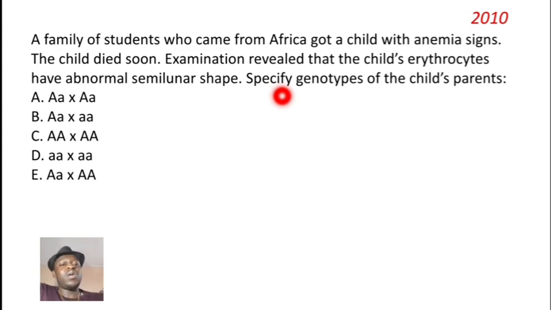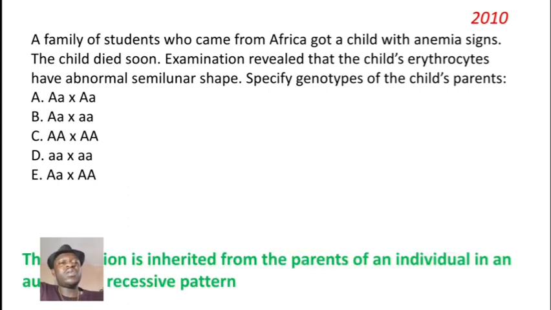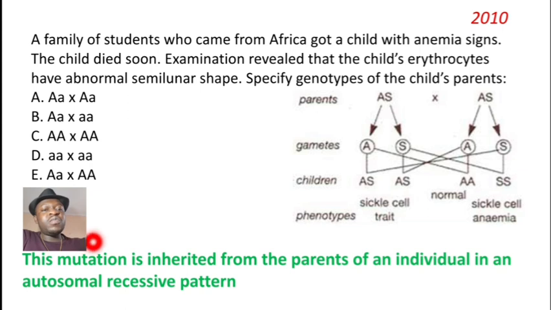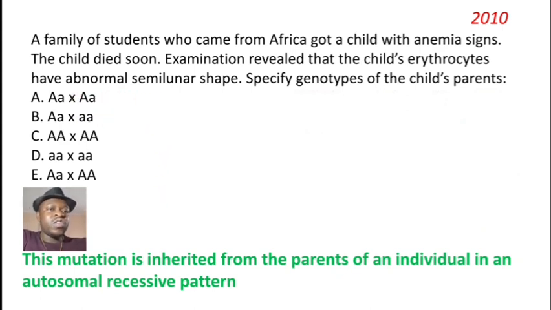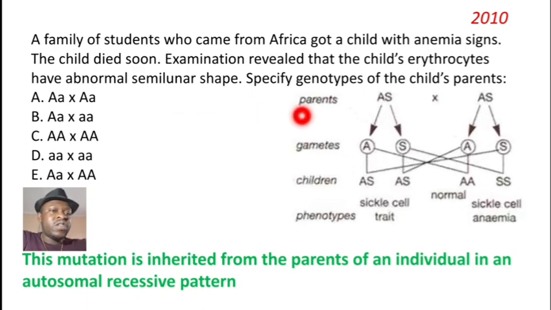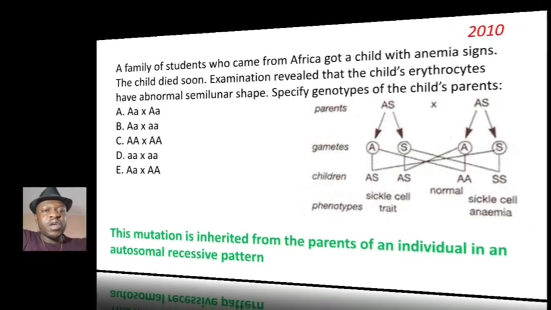Okay, you need to know sickle cell anemia. This mutation is inherited by an autosomal recessive pattern, so option A is the correct answer because it corresponds with my presentation here.